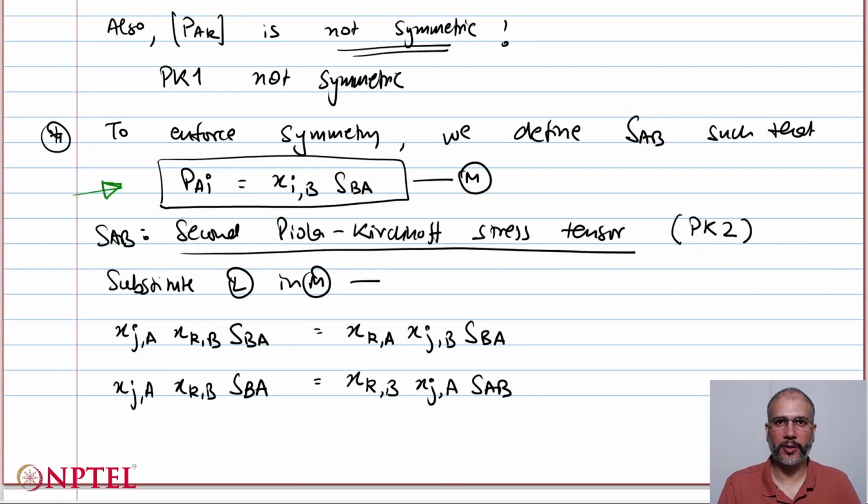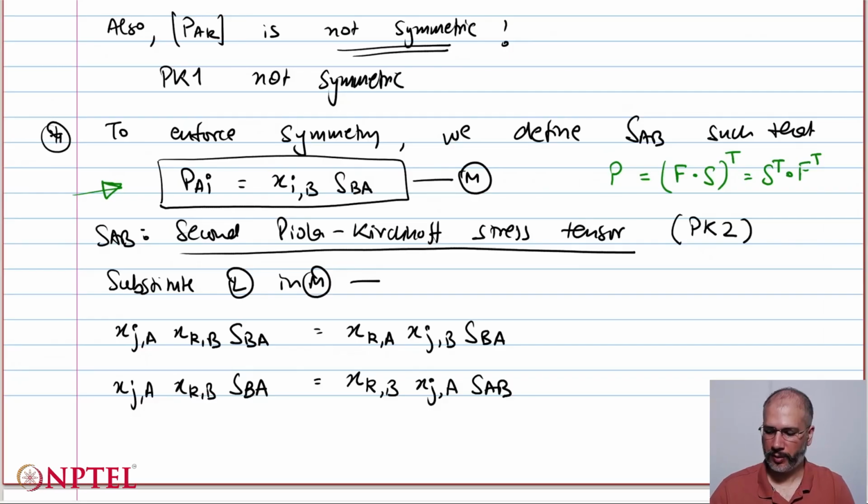So if I express this in the symbolic notation here, the tensor P in the matrix form is F dot S, but this is the iA component and we have an Ai component here, so we'll have to take a transpose of this for the indices to work, and this basically becomes S transpose dotted with F transpose.